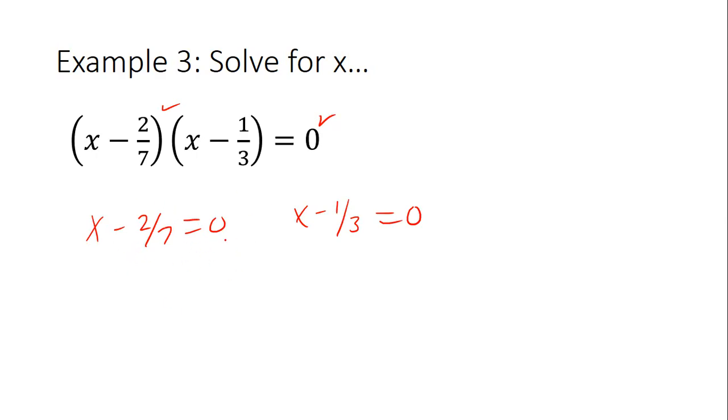To get x by itself, what would I be doing to that number? Adding it. So x equals 2/7. This is just a number being subtracted, so what do I need to do? Add it. Therefore x equals 1/3.